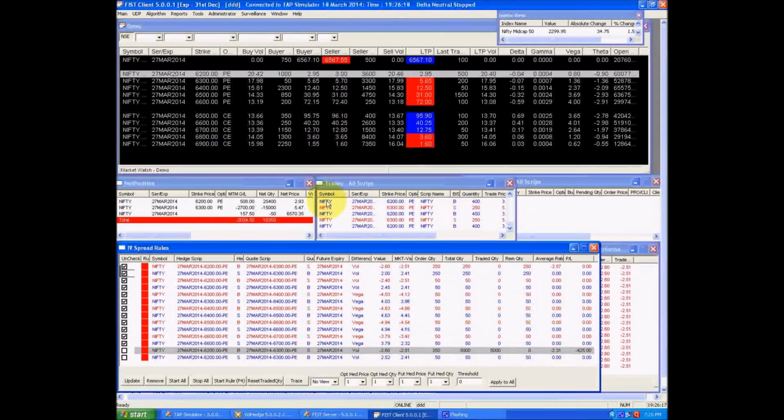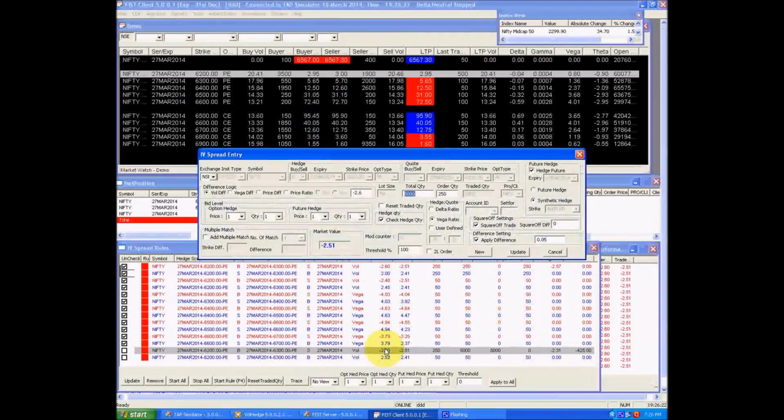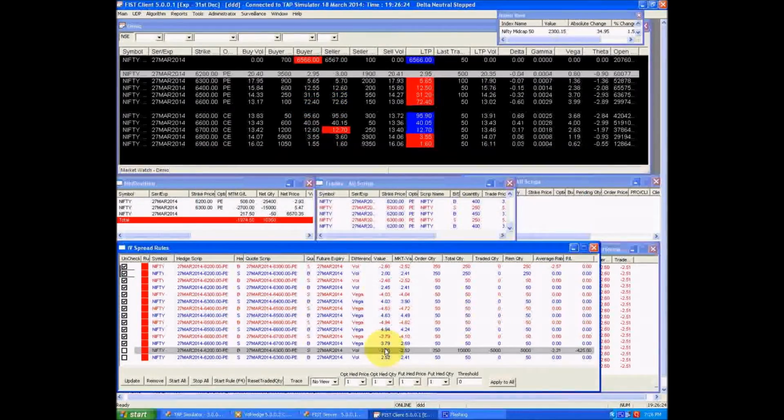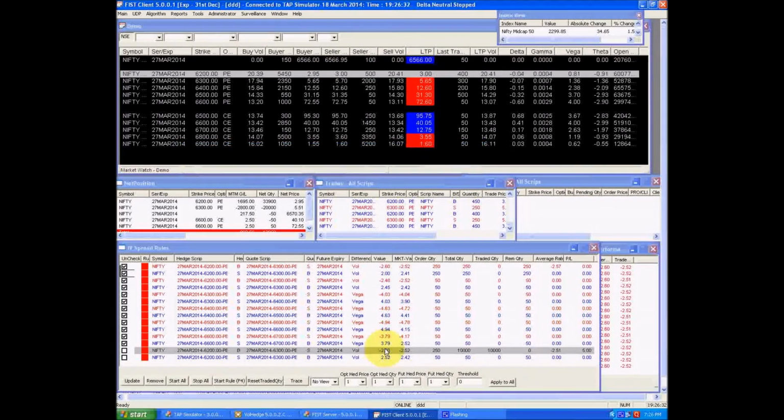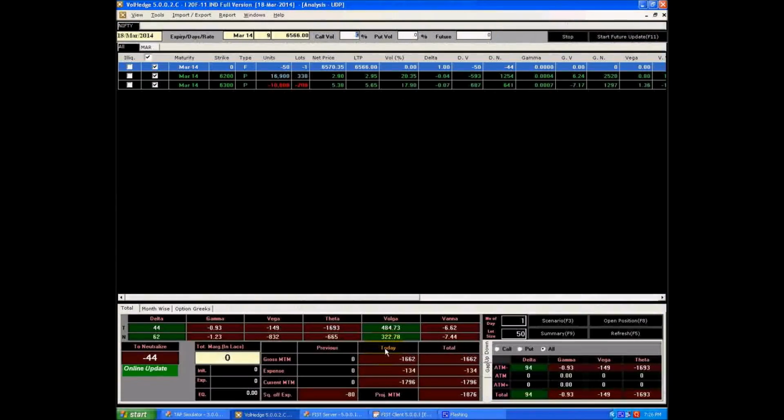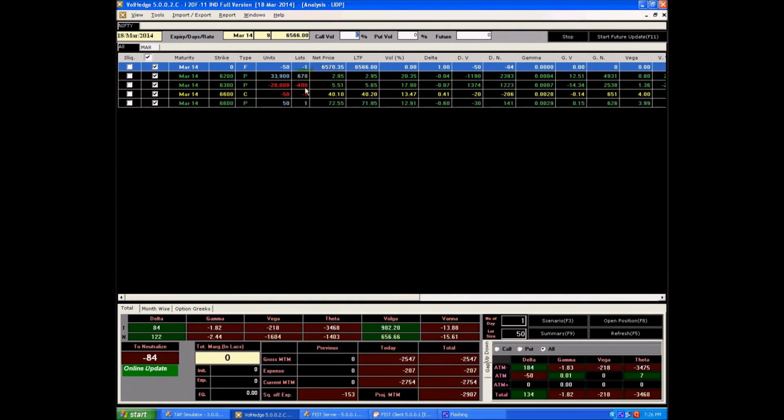On pressing the F4 key, it has traded all the quantity and the hedging has been done through 6600 synthetic.